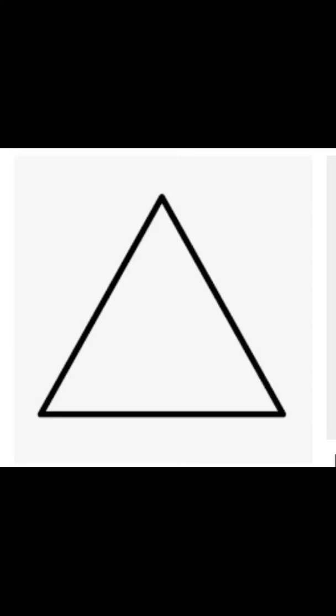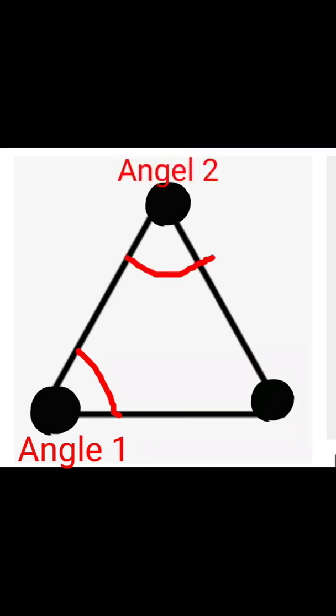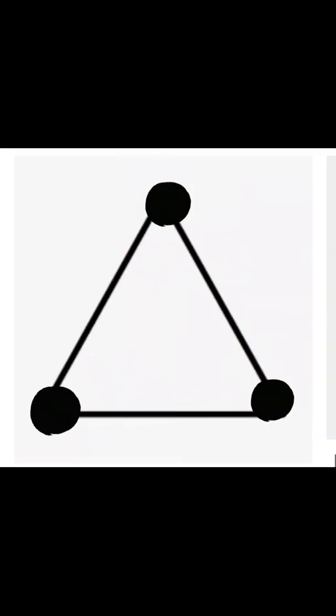It has 3 sides and 3 corners. So this triangle has 3 angles. Angle 1, angle 2, angle 3. Let's label the triangle as A, B and C.